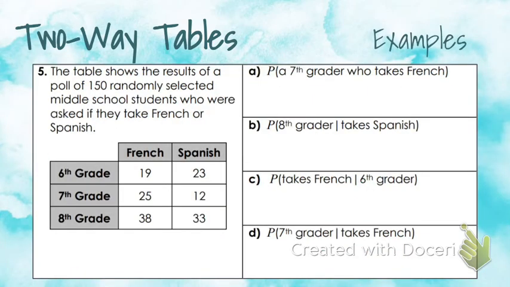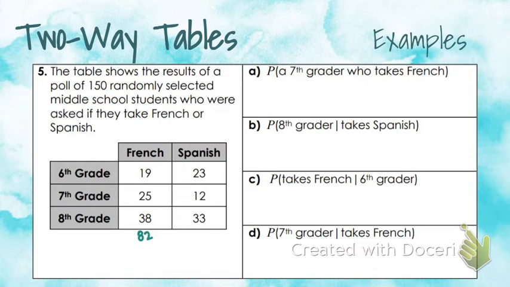All right, so number 5 asks us 4 different questions about the exact same table. So a quick little shortcut that we can do to make it easier is to add up each column and add up each row, because that will make it faster for us to do our calculations. So when we add up 19 plus 25 plus 38, we get 82 total French. I haven't even read the prompt yet. This is what class they take.